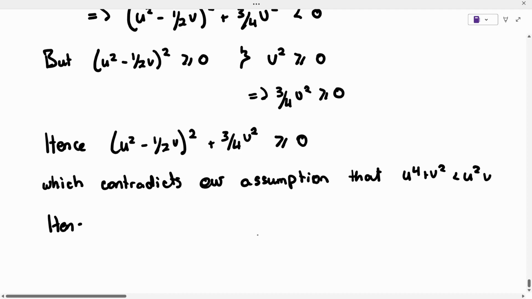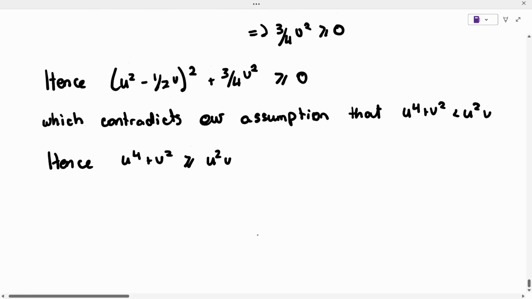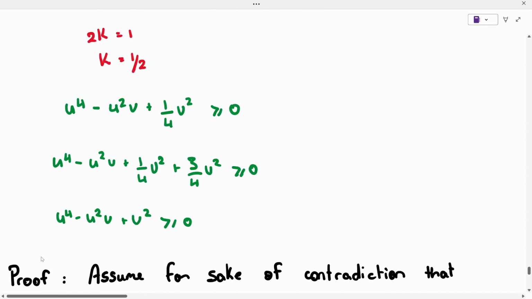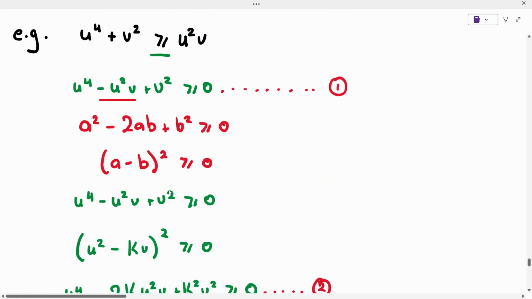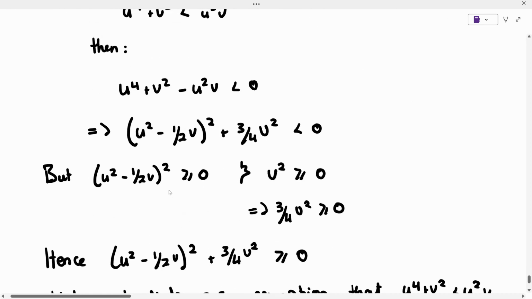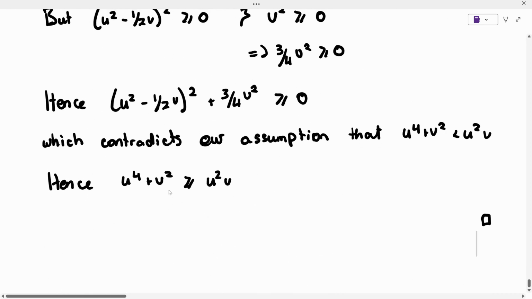Hence, u^4 plus v^2 must be greater than or equal to u^2 v. And that is our proof by contradiction. Of course, if you wanted to do a direct proof, kind of justifying using the green writing here, then that's fine as well. But I just wanted to show you all an alternative method on how to do that, right?